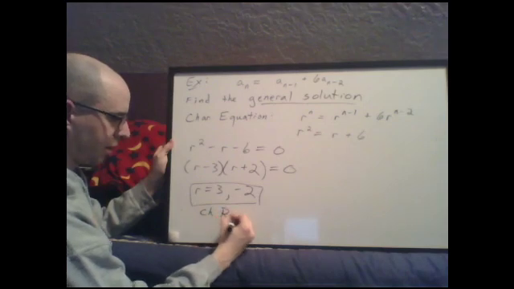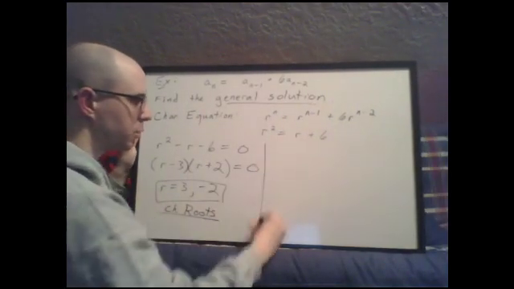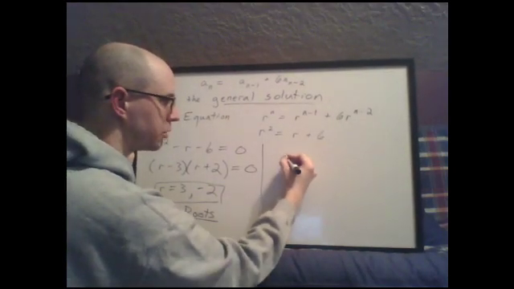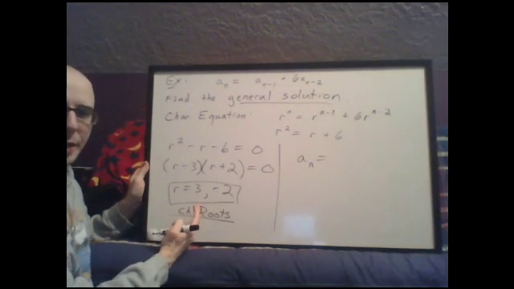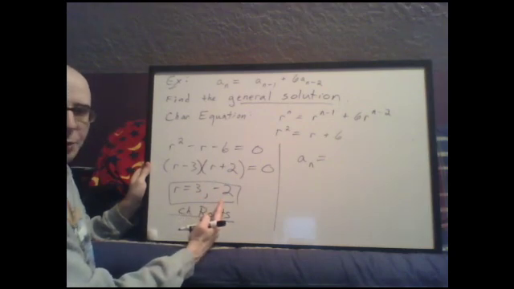Let me label those. Okay, so then what our theorem told us was, over here now, I can write my general solution: a_n equals some linear combination of 3 to the n and negative 2 to the n.